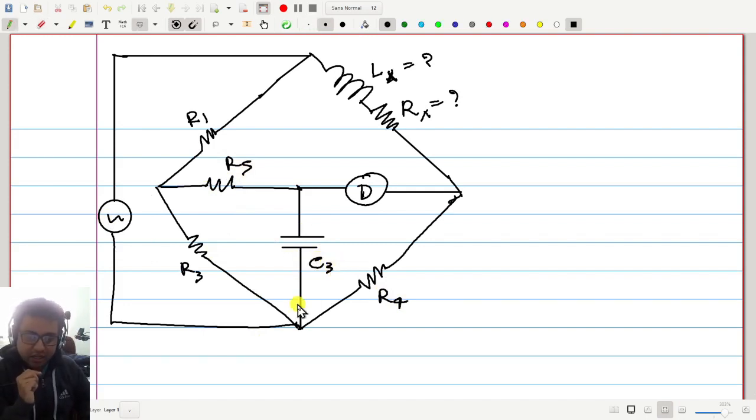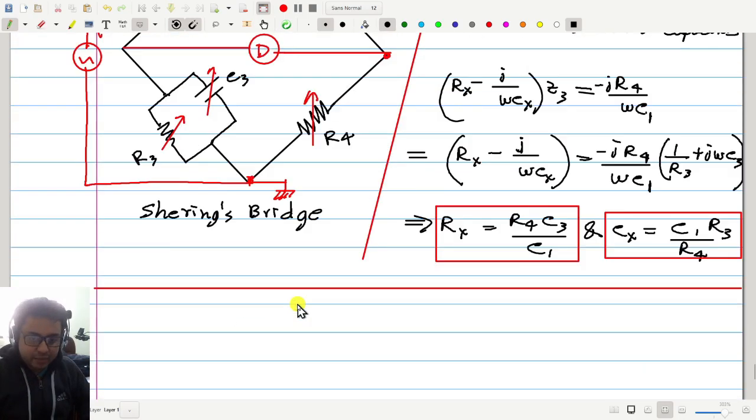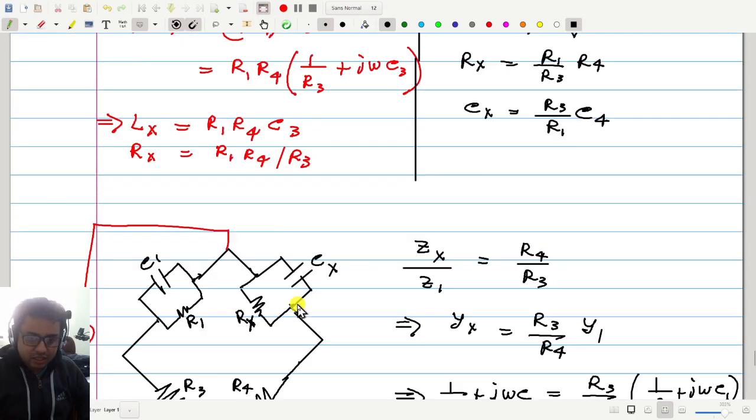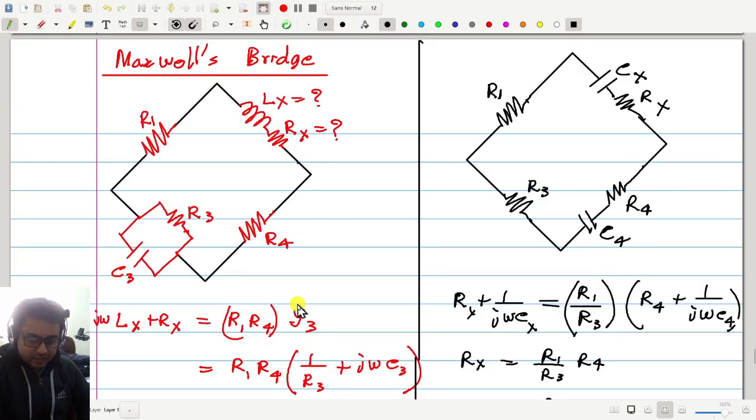The purpose for which Anderson designed this bridge: he found that for some range of the Q factor, Maxwell's bridge, which we studied previously, this one, is good for a medium range of Q factor where L and R are comparable, neither very high compared to the other.